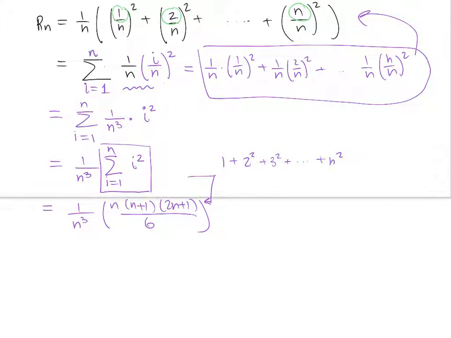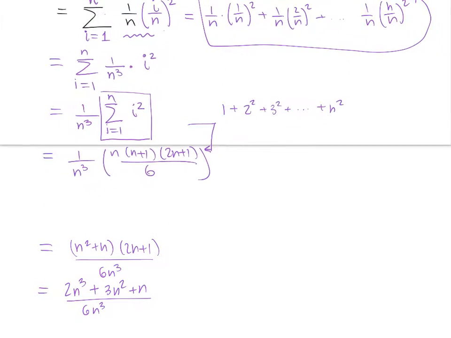You multiply it out. That will find you the right estimate exactly. So n times n plus 1 times 2n plus 1 over 6n cubed. Or multiplying it out some more, you get 2n cubed plus 3n squared plus n over 6n cubed.